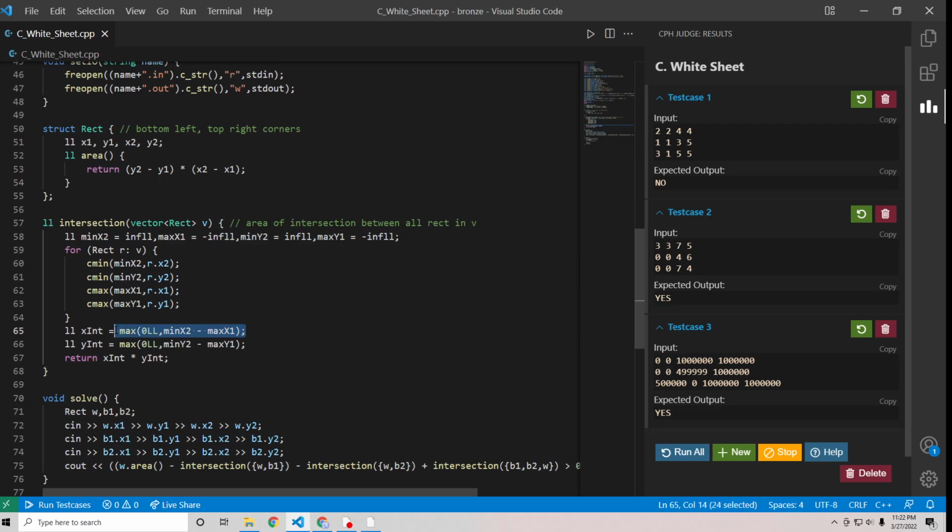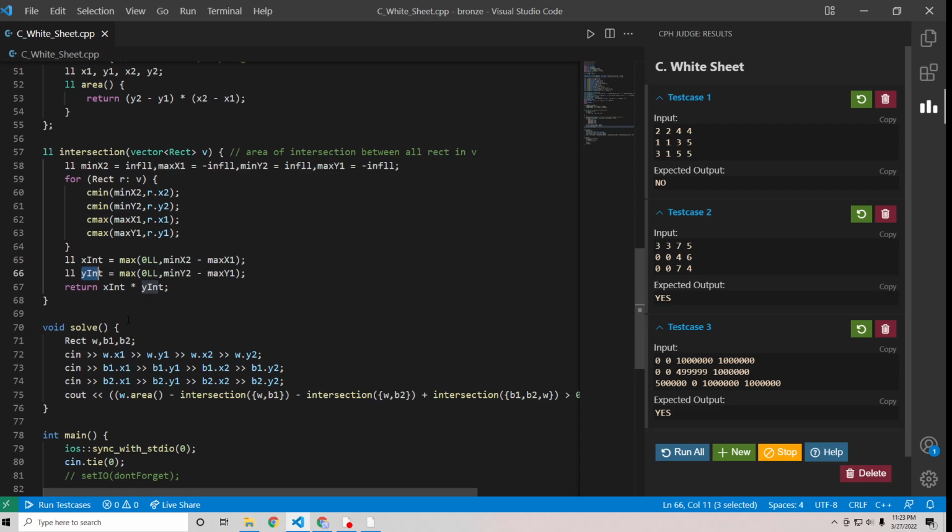The reason we do this is that in the case there is no overlap between all three rectangles, then either this or this is going to be 0 or less than 0. And we can't have a width or height of less than 0. So here we'd set the width as 0, or in this case we'd set the height as 0, and this ensures that we output that the area of intersection is 0.